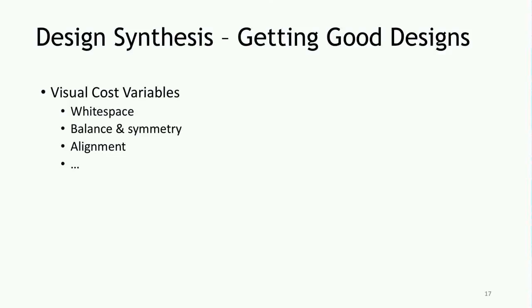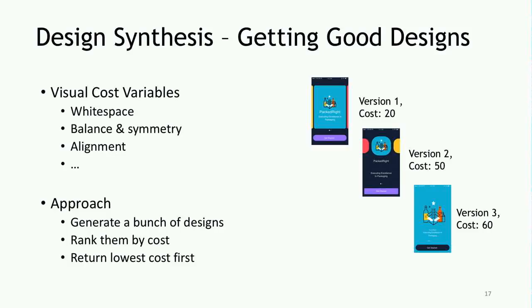So now that we can generate solutions, how will we find the ones that are good? Well, we have some visual cost variables we will compute on these designs, like the amount of balance and symmetry, alignment, and white space. And we're encoding all of these into a cost function that can rate each of these designs and give them an overall visual cost score. Then we generate the variations and rank them by cost and return the lowest ones first.